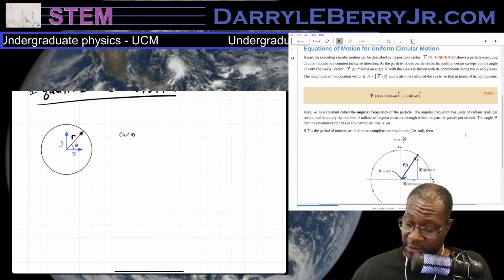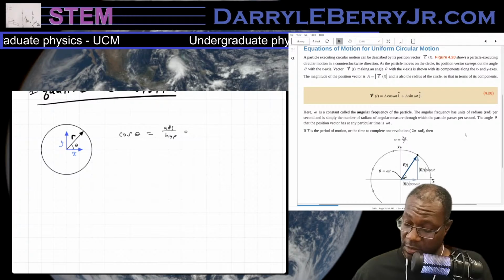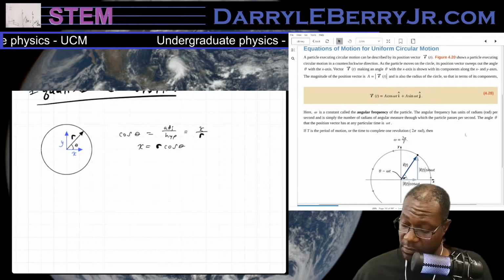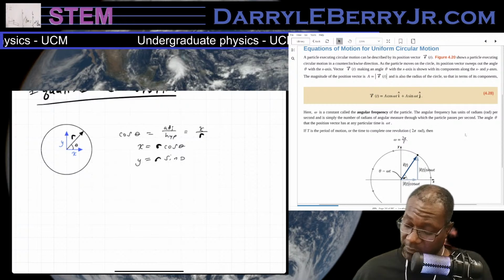So cosine theta equals adjacent over hypotenuse, so that's x over r. So x equals r cosine theta, and y equals r sine theta.